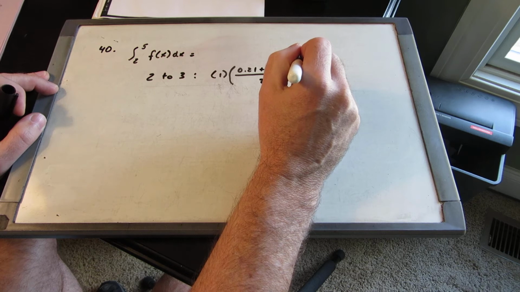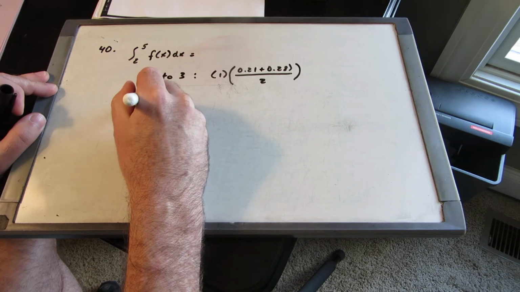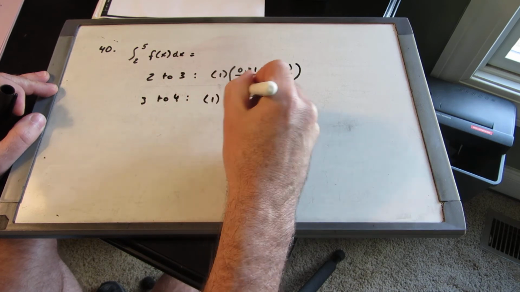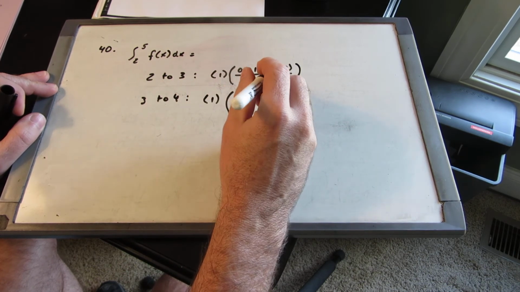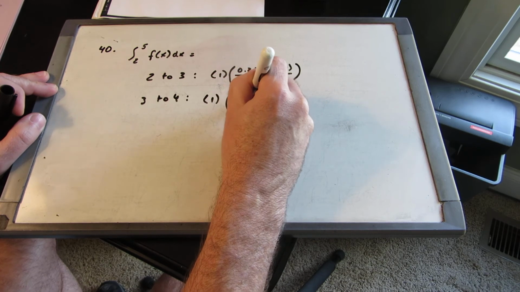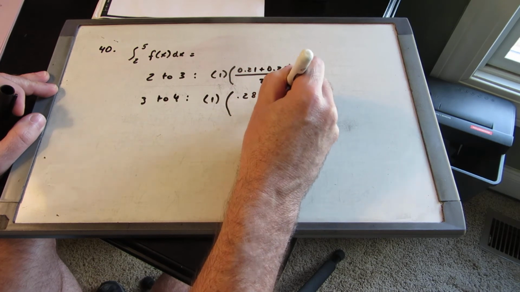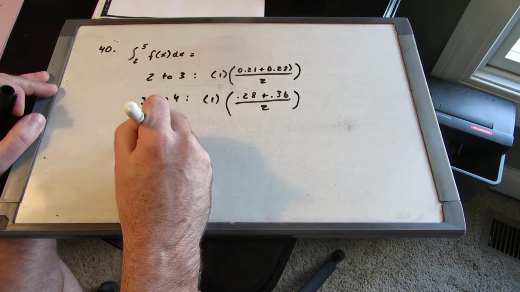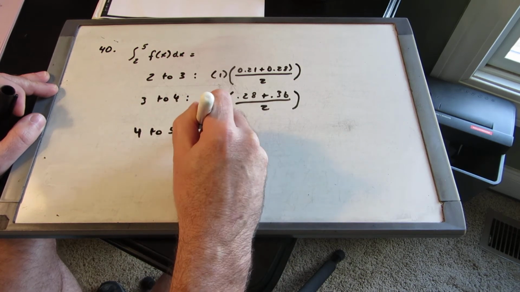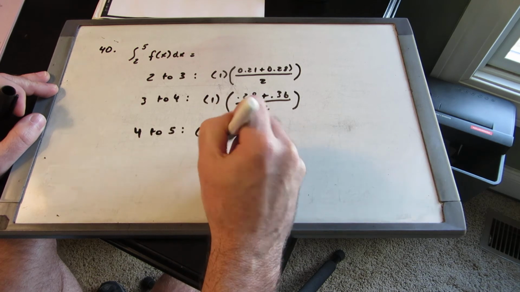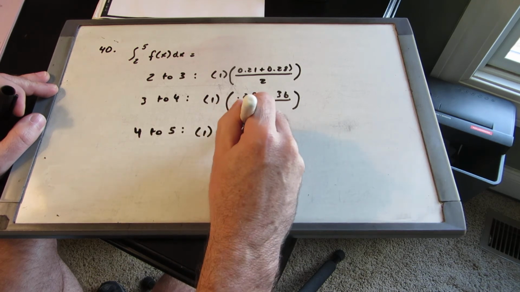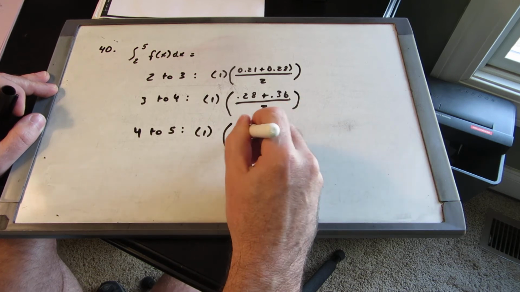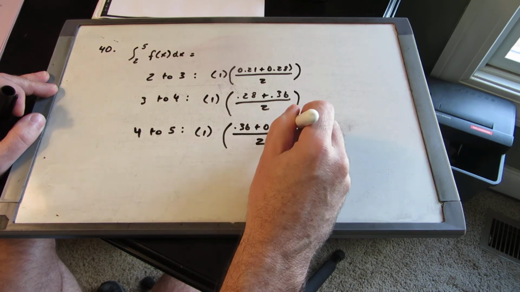Alright, and then from 3 to 4, the base is 1, and then the height is 0.28 plus 0.36 over 2. And then from 4 to 5, the base is 1, and the height is 0.36 plus 0.44 over 2.